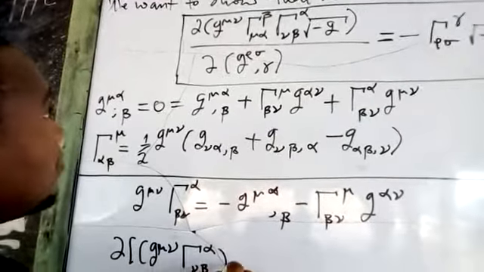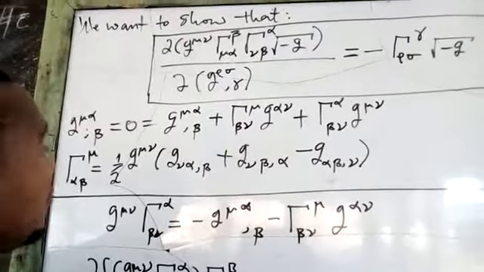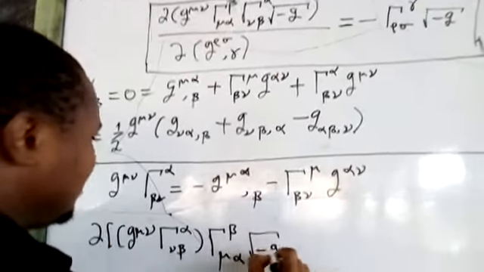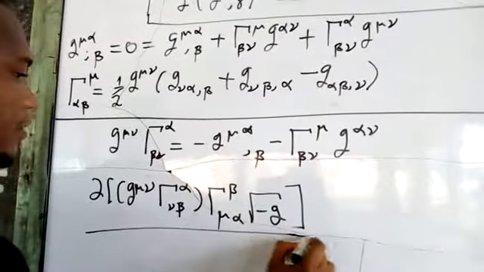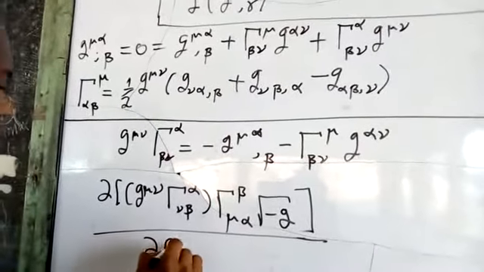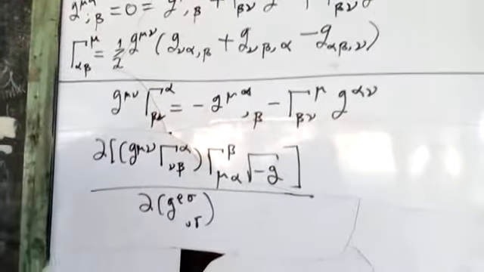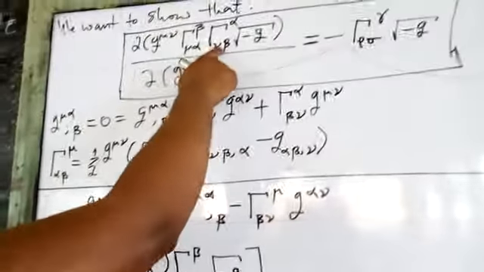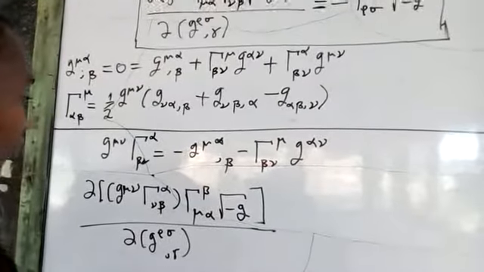Of course, then combined here, I simply have the other Christoffel symbol, mu alpha, and then the square root of minus g. And this is what I get. This is all differentiating with respect to g rho sigma comma gamma. So everything we have here is the same. I simply just join this to the Christoffel symbol so that I can have it in this form.